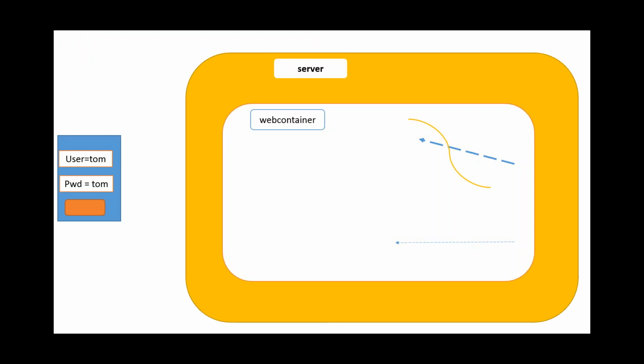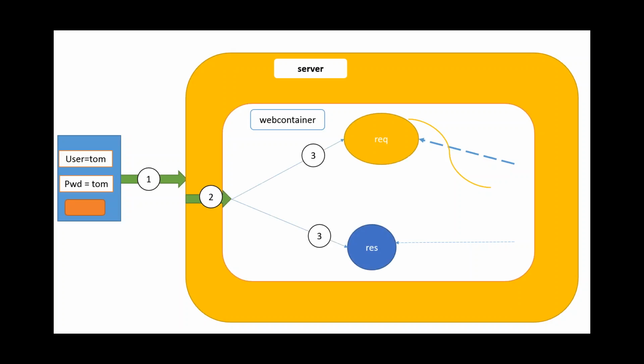Then this request will go to the server. Within the server, you have got web container. Web container, in order to execute servlets and JSP, has got something called servlet engine and the JSP engine. Now, first the request will hit the server, then the request will hit the web container. Then based on that, the container will create two objects. One is request, the other one is response.